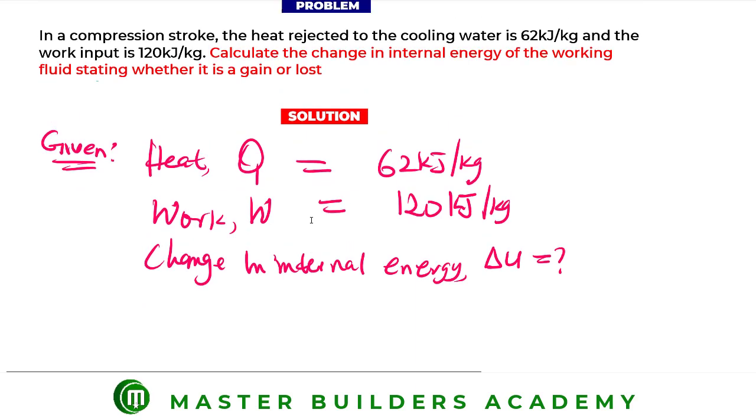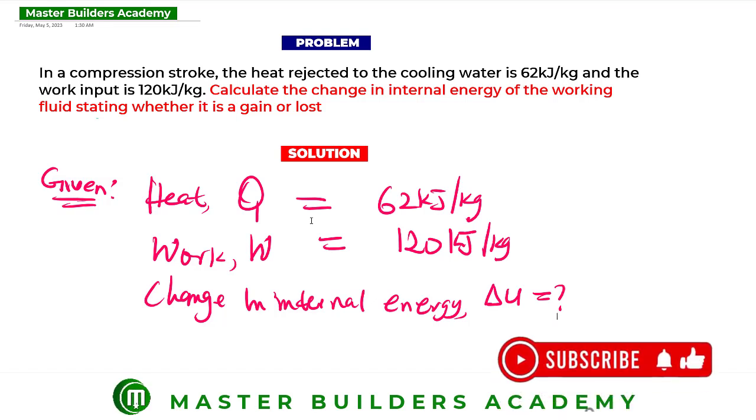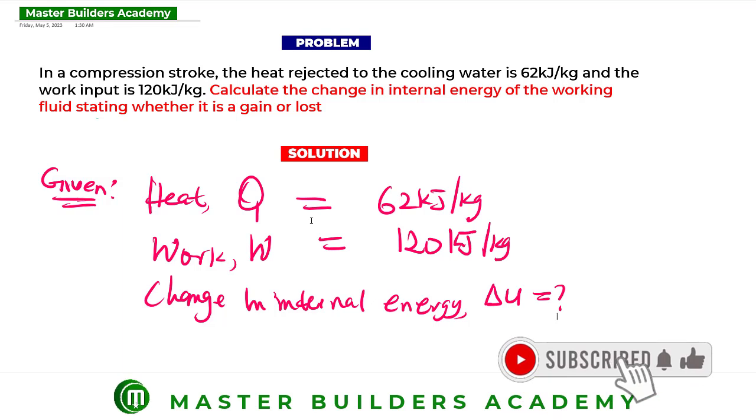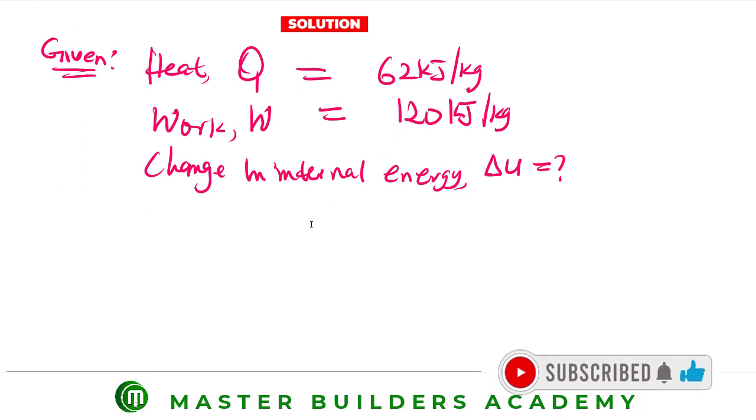All you need to do now is check your dictionary where you store your equations and find the equation that connects these parameters. Nobody stated that this question is from the first law of thermodynamics, but having extracted the given parameters, we can use the first law to solve this.